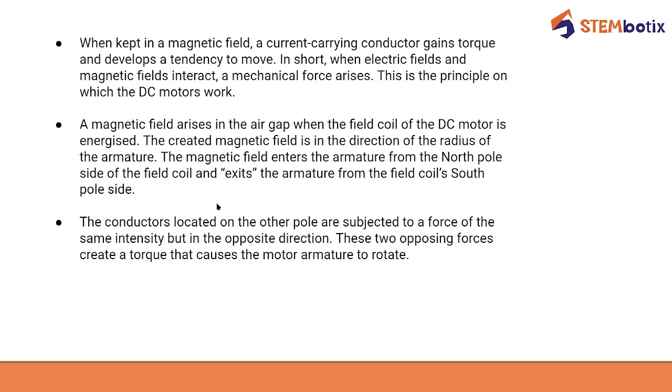The magnetic field enters the armature from the north pole side of the field coil and exits the armature from the field coil's south pole side. The conductors located under the other pole are subjected to a force of the same intensity but in the opposite direction.